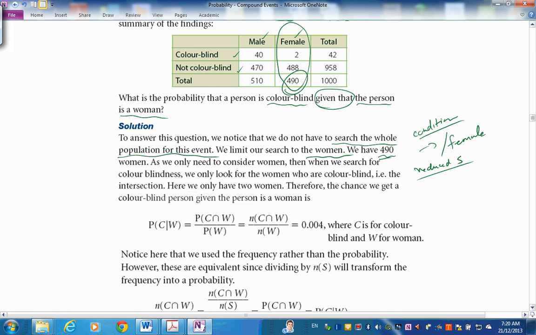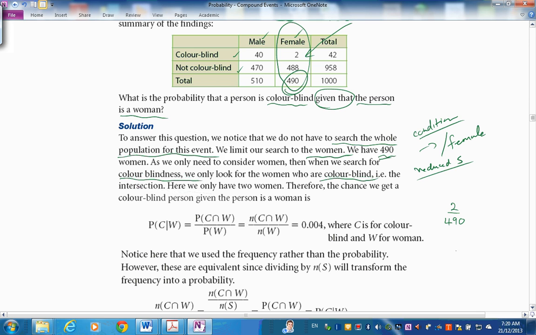We're given the condition. Okay, so then we search for colour blindness. We only look for women who are colourblind. That is the intersection. And here, out of females, there's only 2 colourblind. So it is 2 out of 490 on numbers.